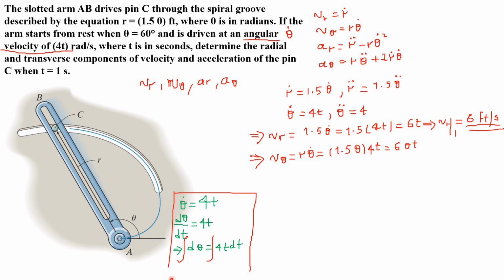About the integration limits: the question says theta starts at 60 degrees, and we need to convert it to radians because this equation is given in radians. 60 degrees in radians is pi over 3, since 180 over 3 is 60. So we integrate from pi over 3 for theta until just any theta.